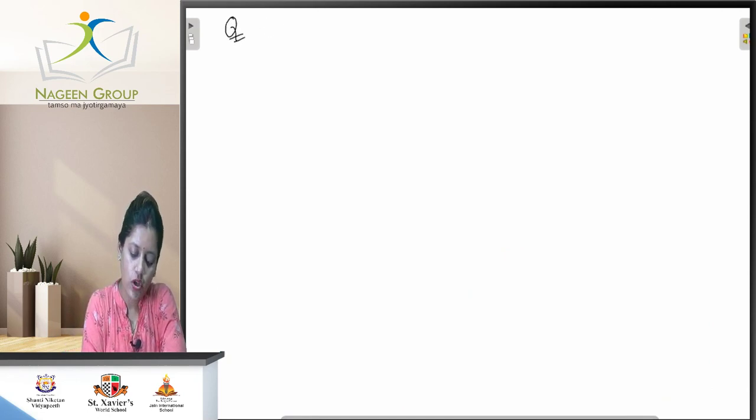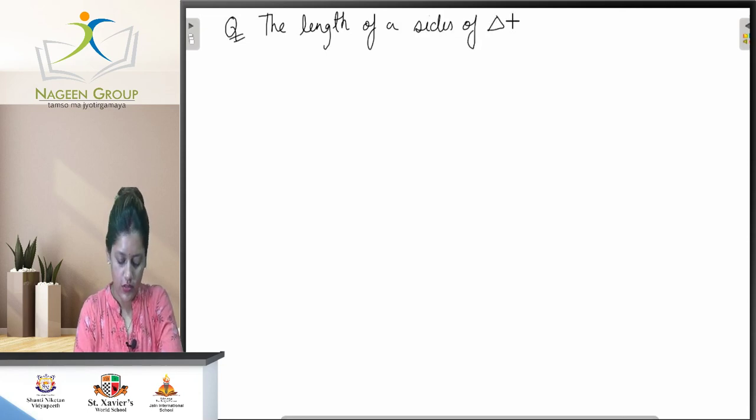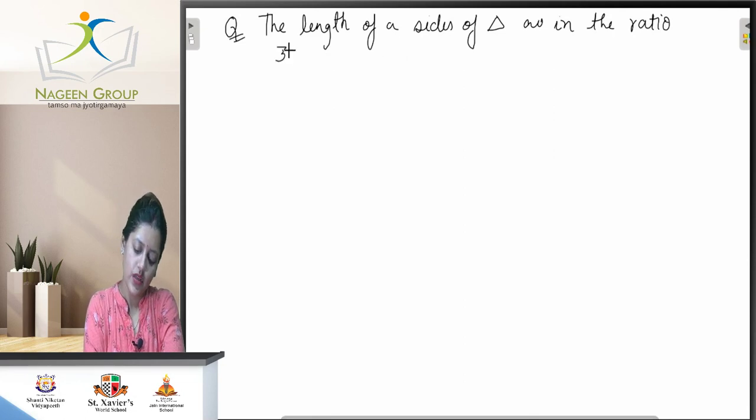The lengths of the sides of a triangle are in the ratio 3 is to 4 is to 5.